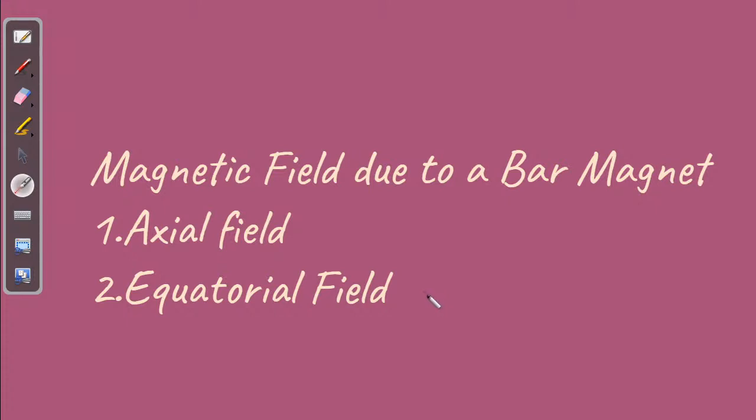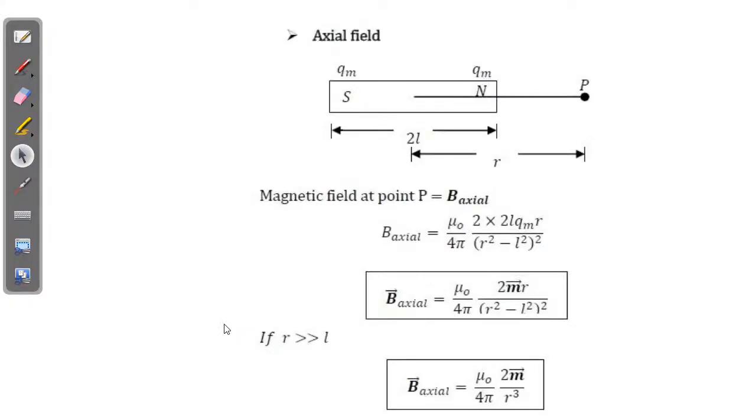Okay. Now let's see what is the expression for magnetic field due to a bar magnet in the case of an axial field. So this is the axial field case. Here we are considering a bar magnet. South pole and north pole represent the two poles.